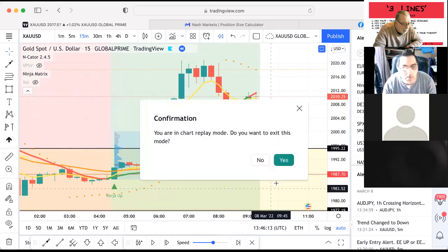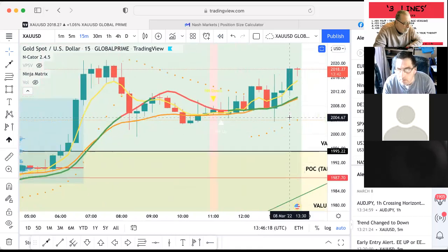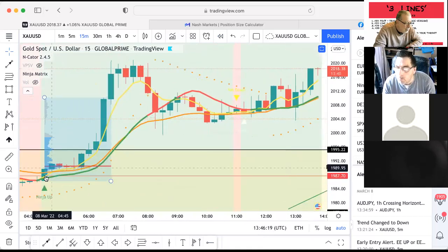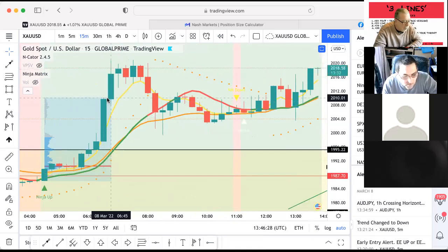So if we're back to, right, so we've drawn. This was me at 6:30 this morning. I drew this volume profile as far as we got when I looked at it.